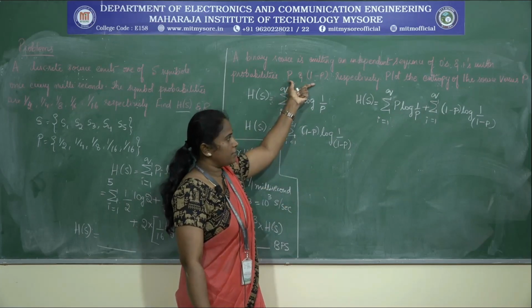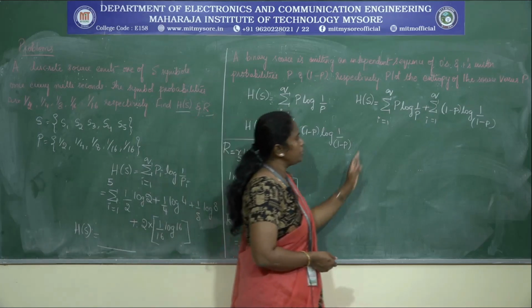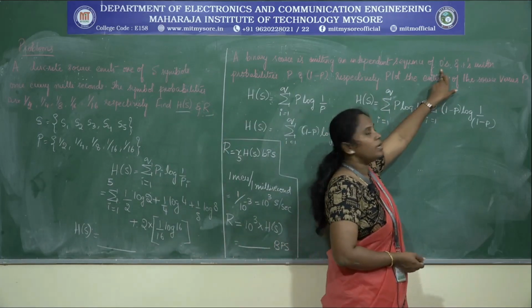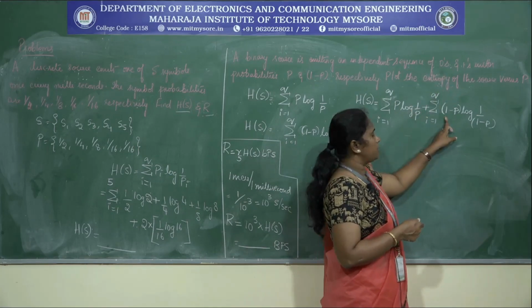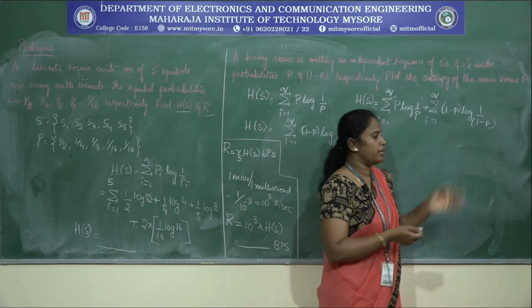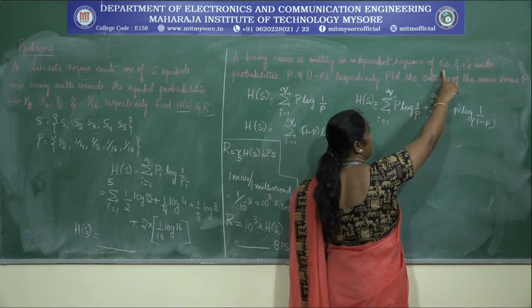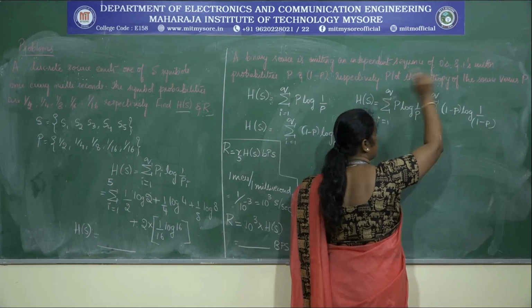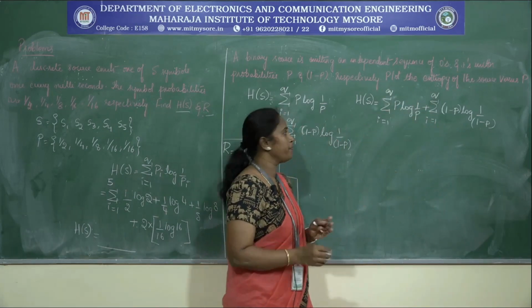So considering the data which is given, you need to give the values for P and 1 minus P. We have a message sequence representing zeros and ones, so you have to give values between 0 and 1.